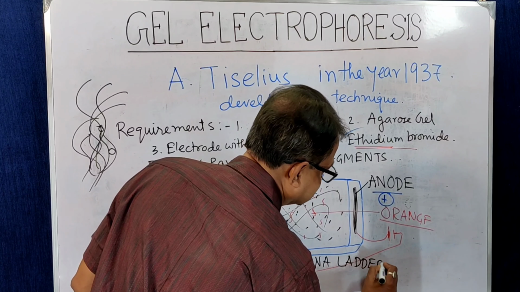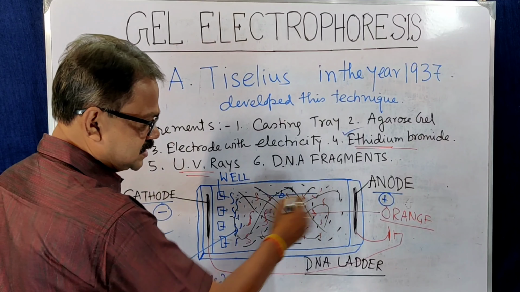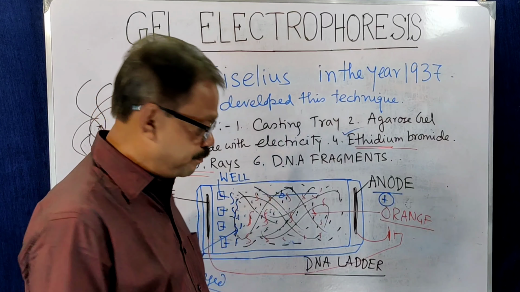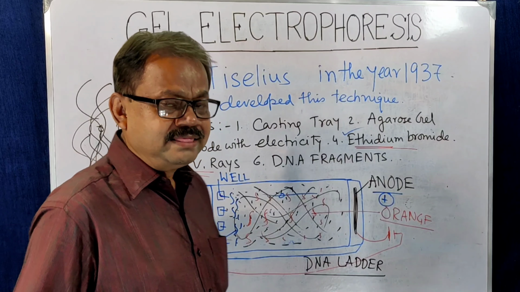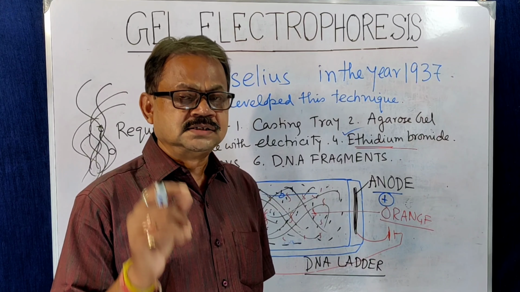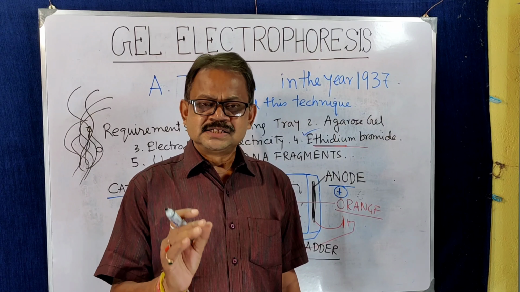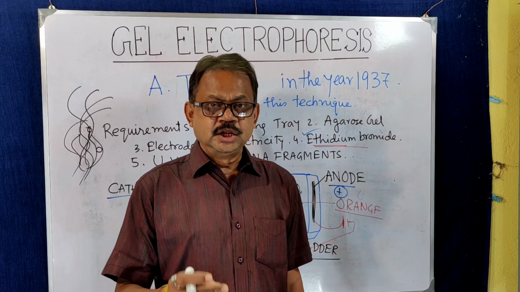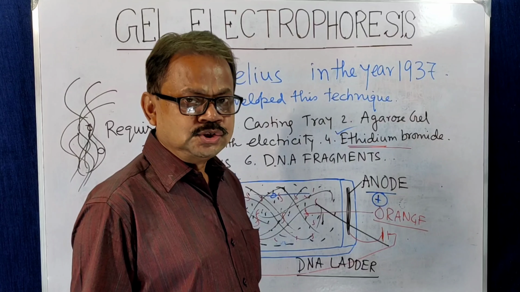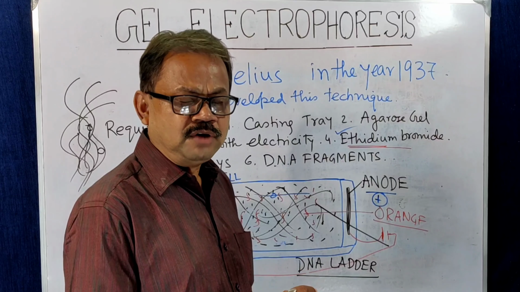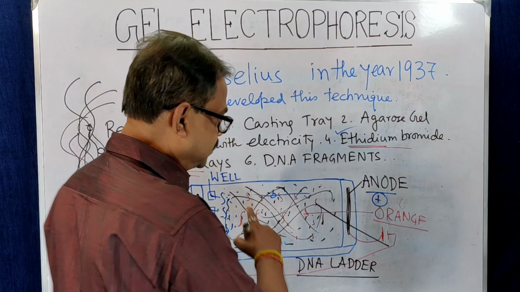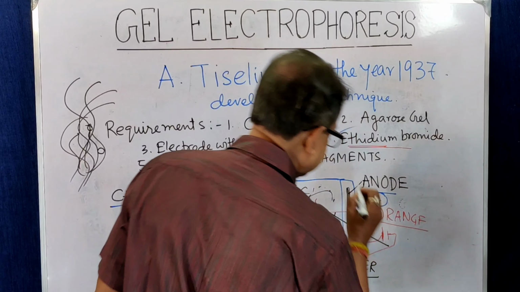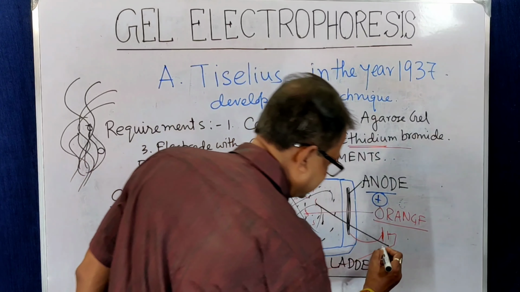The DNA ladder is the standard chart, and this banding or separated DNA fragments is compared with the DNA ladder, and they come to know which fragment is ideal. When scientists know the ideal length of the DNA, it is ready to be taken out. So the agarose gel is cut and these small fragments are taken out from the gel electrophoresis setup, and this process is called elution.